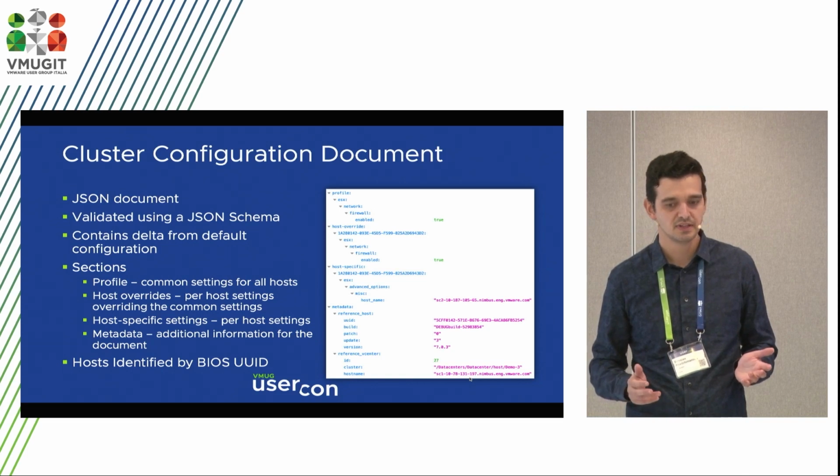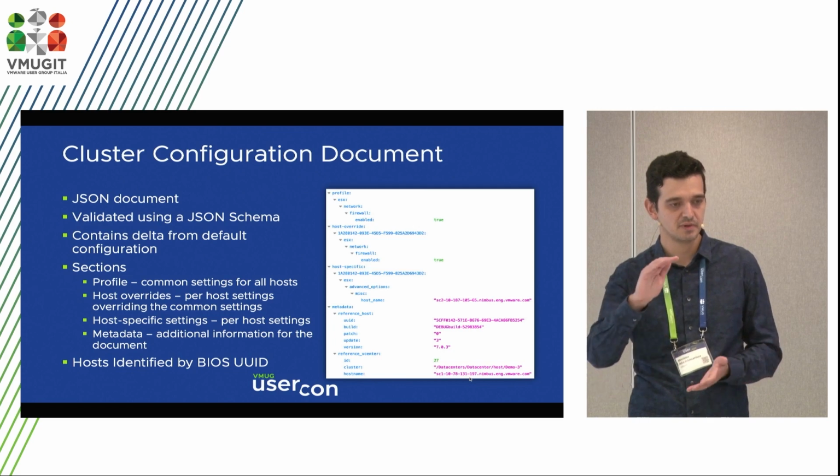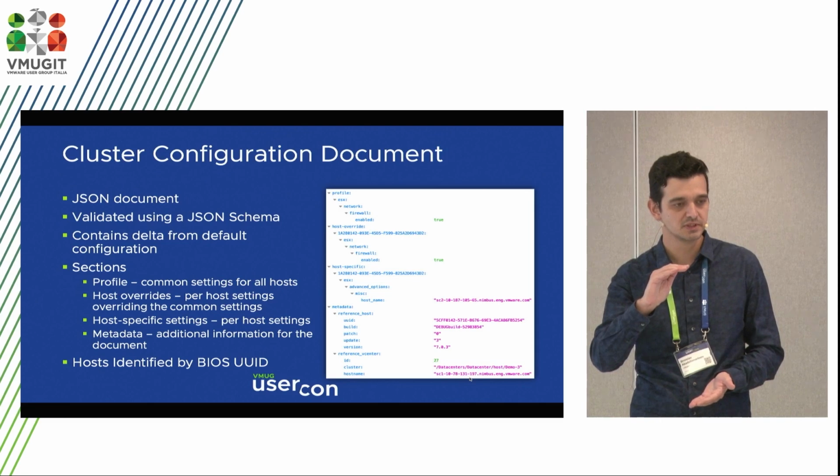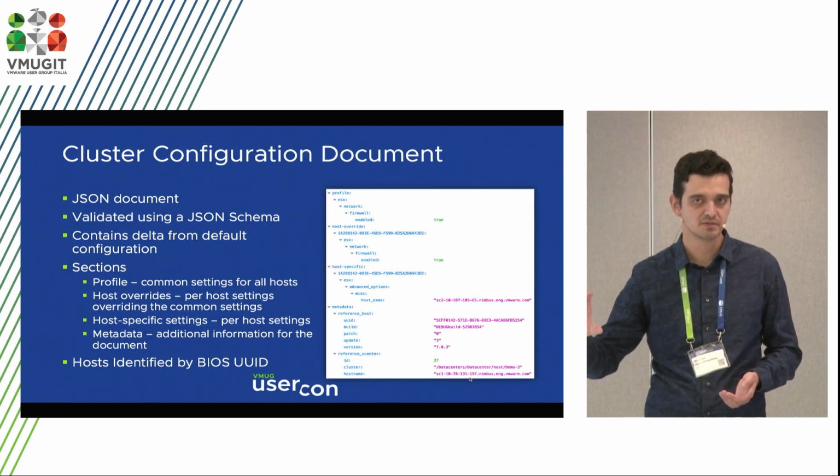This was usually done host by host. So there is hardly any place in host profiles where you can see the entire configuration. And by entire configuration, I mean the configuration which is common for all the hosts, the configuration which is different for each of the hosts, and also the overrides.